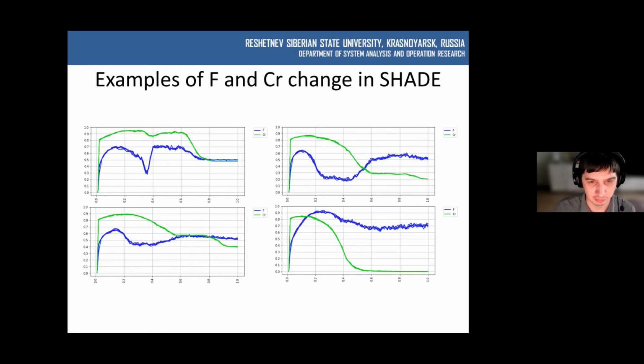There are several blue lines and several green lines; the green lines are there because there are several memory cells for F and CR. And as you see, it's not so trivial. For example, CR in the last case on the right goes to almost 0.9, then it goes to 0. And it appears to be a good strategy. Probably there is no way you could imagine that this is a good idea. And here are four different functions and four different scenarios, quite different from each other.